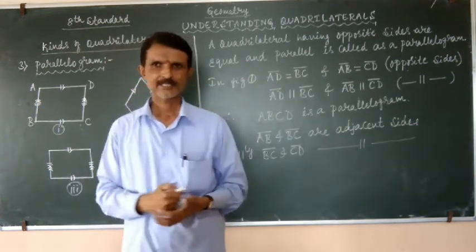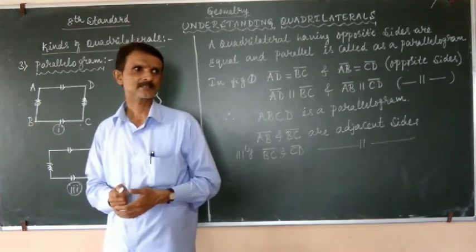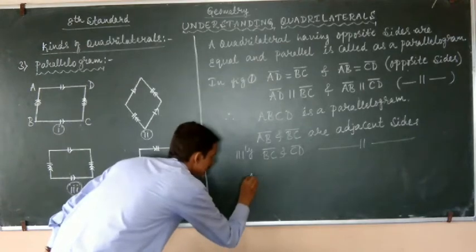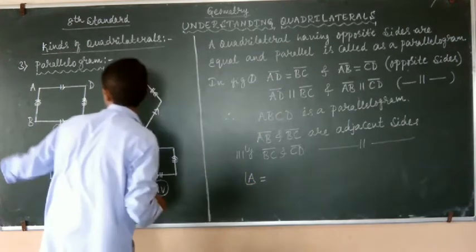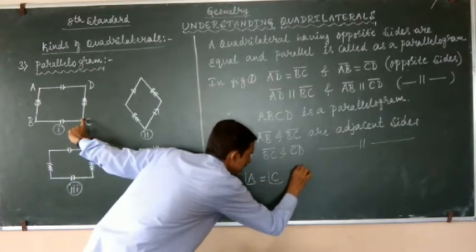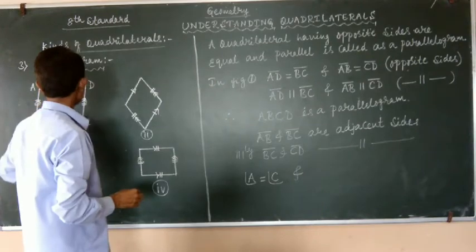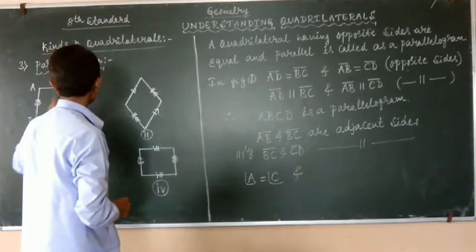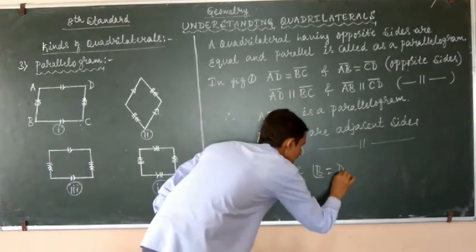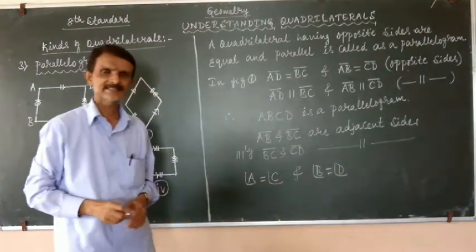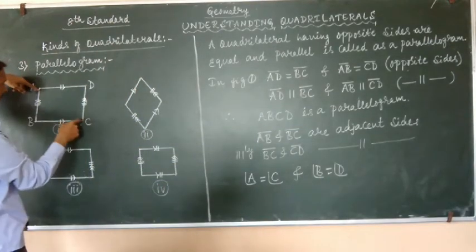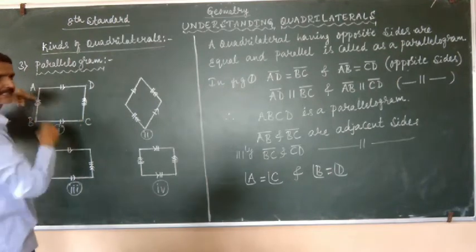If you measure the angles with the help of a protractor, you will get angle A equal to angle C, and angle B equal to angle D. If you observe these two angles, they are the opposite angles.